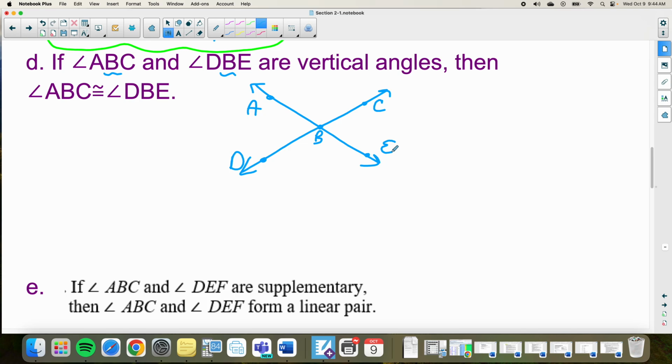Remember, vertical angles are angles that are across from one another. If they're vertical, could we say that those two are congruent? Yes. Isn't that what vertical means? So like I said, if you didn't need to draw that one out, you wouldn't have to, and you could just write true.